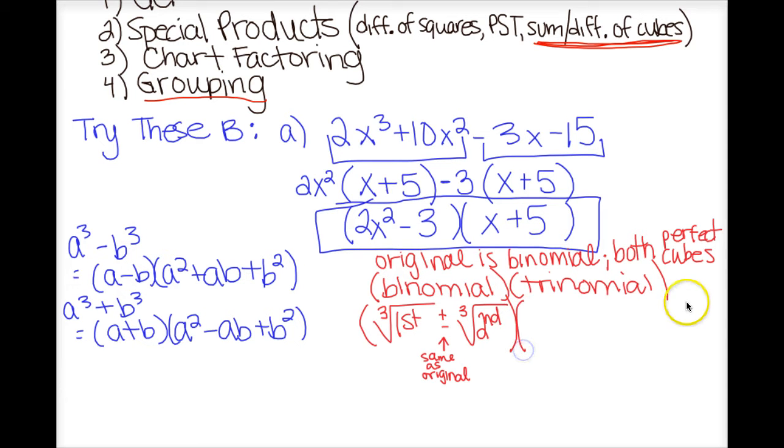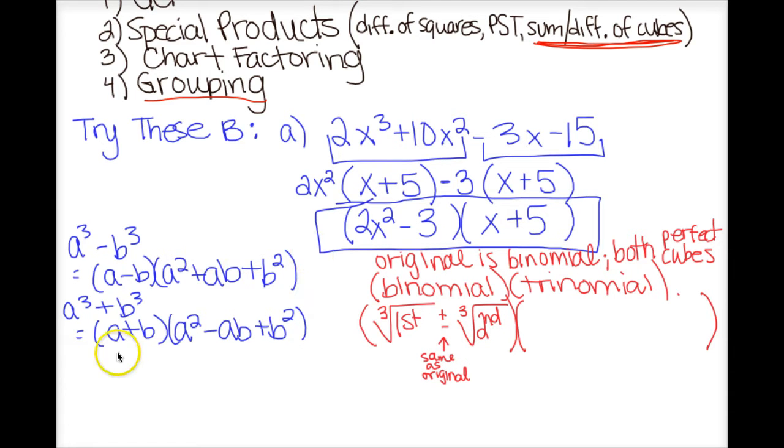Now, for the trinomial, this is different than the other special product factoring, where it kind of followed a different type of pattern. When you factor and write the trinomial part, you actually don't look back at the original at all. You only look at this part that you've already done. So you've already done cube root of the first, your sign, and then cube root of the second.